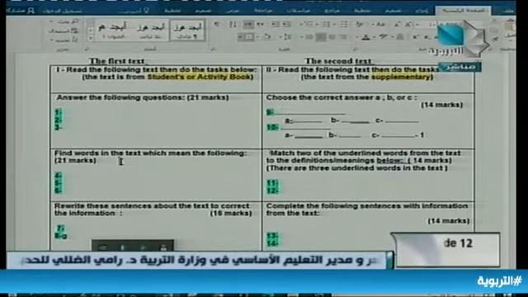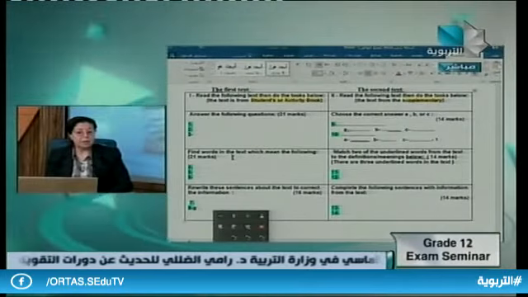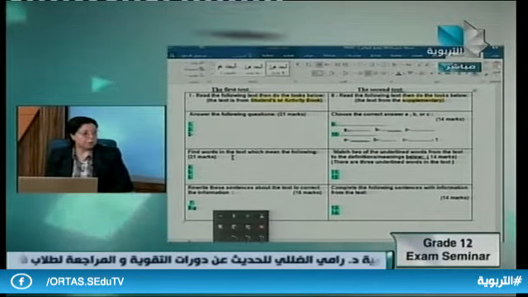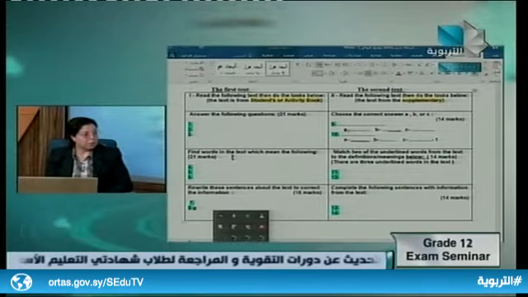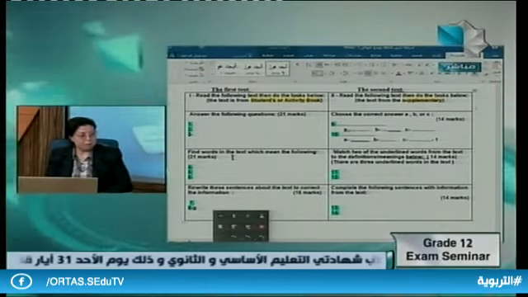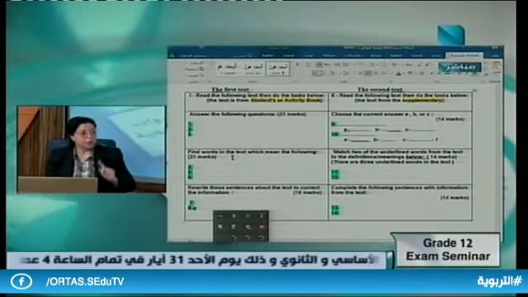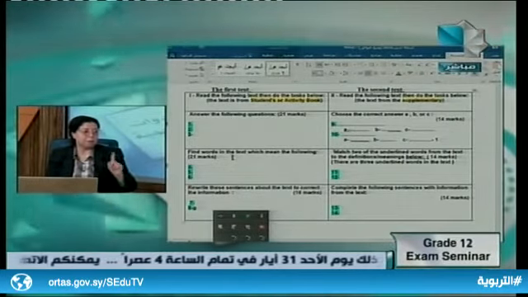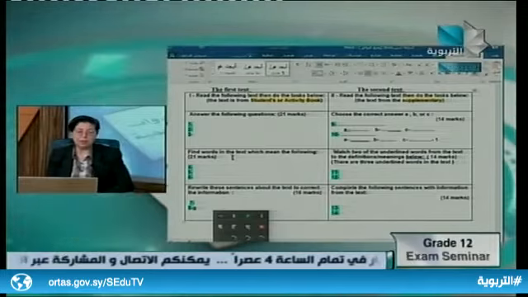Here, if the student writes one answer, it is correct or incorrect. But if he writes 2 answers for the same meaning, we are going to correct just one, the first. Yes, consider the first. So be careful to write only one answer, otherwise we'll take only the first answer.